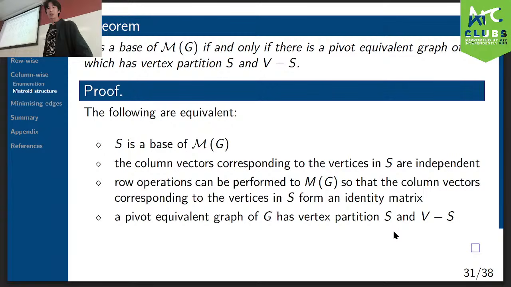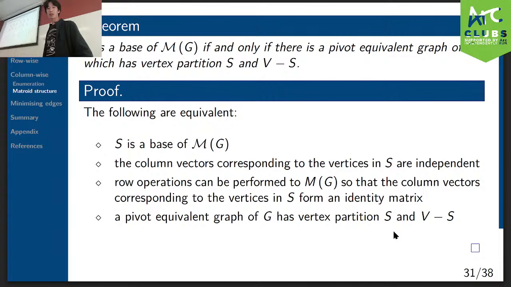If they're independent, that means that you can perform row operations to change these k independent columns into an identity submatrix. And that's going to change the rest of the matrix, but we don't particularly care about that. Once we change these k columns into the identity submatrix, we can see that this is the graphic presentation, where that's one of the partitions.